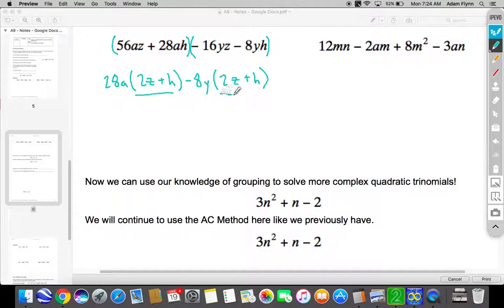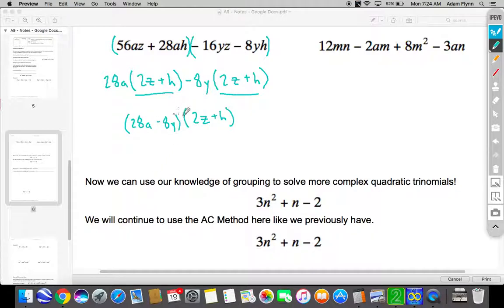These factors are the same, so that'll be one of them. My other factor will be 28a minus 8y.